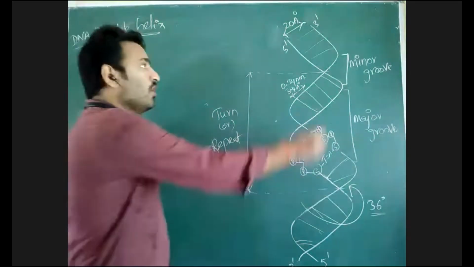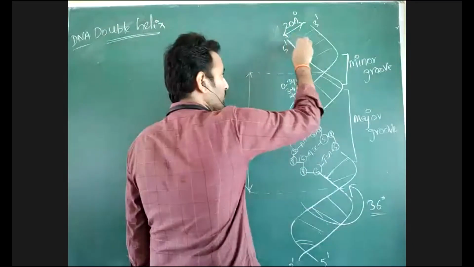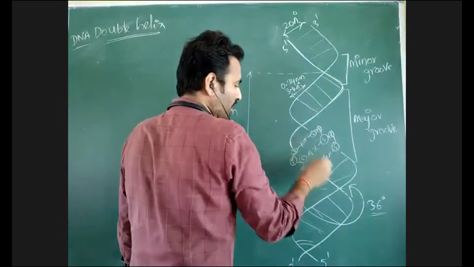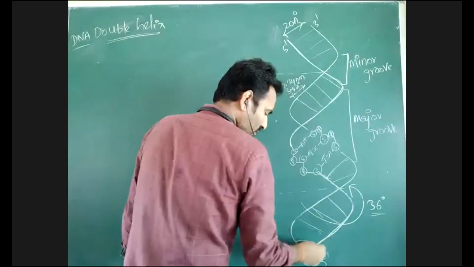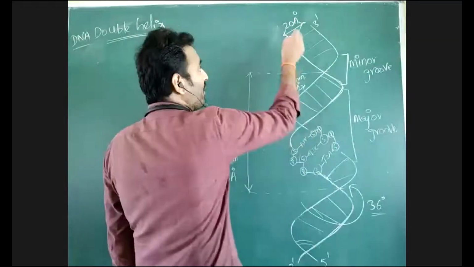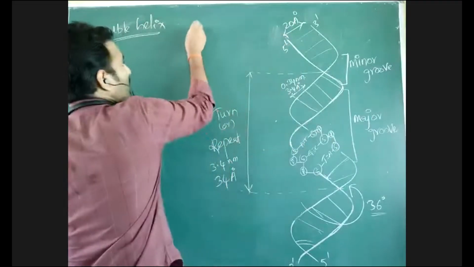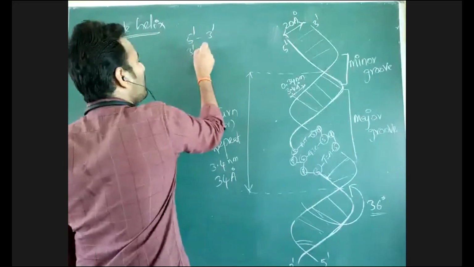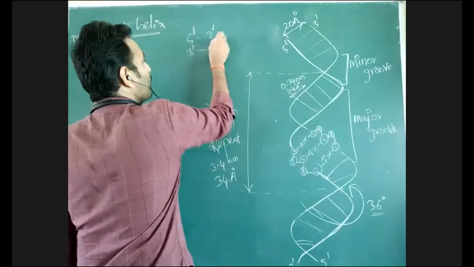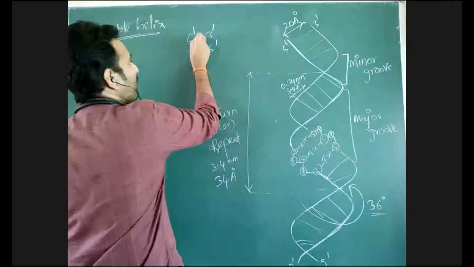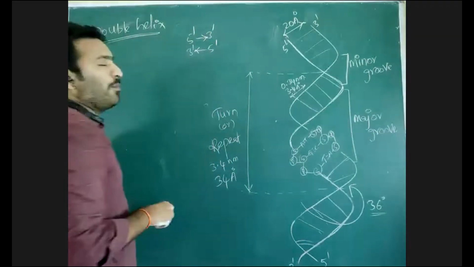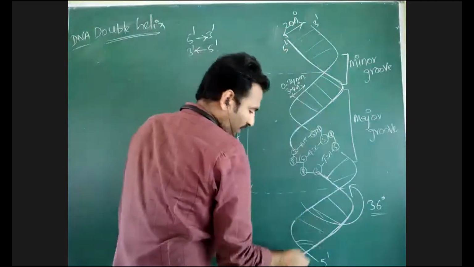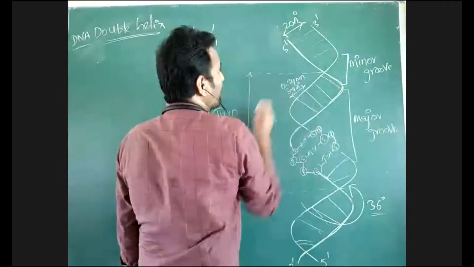According to them, two strands, two polynucleotide chains, are oriented parallel to each other, but one strand is in 5' to 3' direction and the other strand is in 3' to 5'. So they are running in opposite directions.